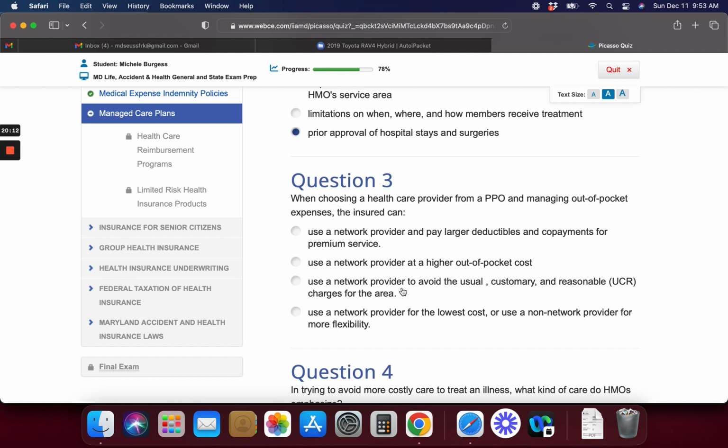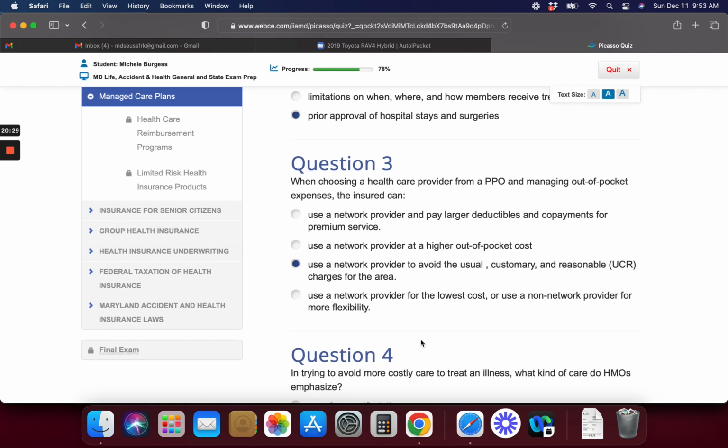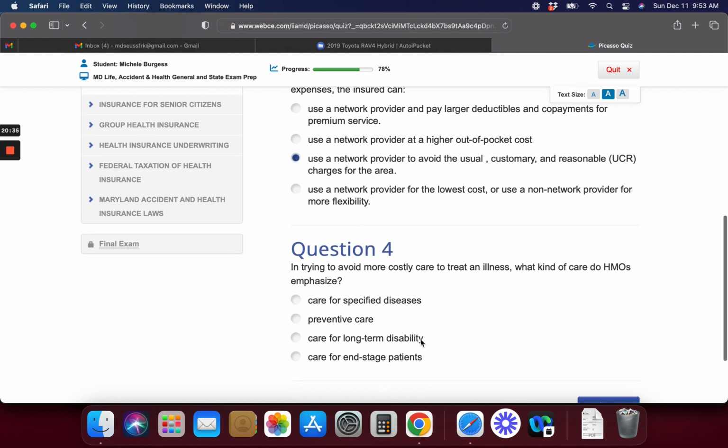Use a network provider to avoid the usual, customary, and reasonable charges for the area. Use the network provider for the lowest cost, or use a non-network provider for more flexibility. I'm going to pick the third one, to use a network provider to avoid the usual, customary, and reasonable, which is UCR charges for the area.